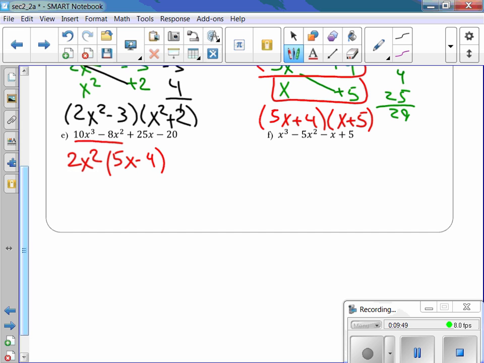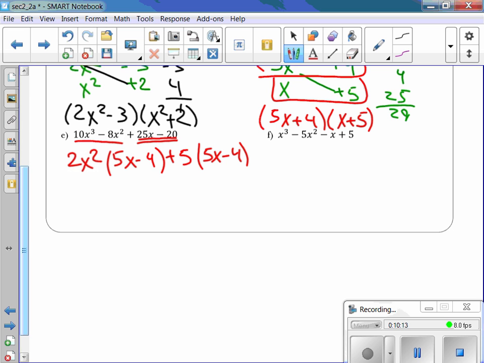And now we just look at the last 2, right? 25x minus 20. Tommy? Is there a GCF there? All right, so plus 5, leaving behind, Allison? 5x minus 4. You know if you did the factor by grouping correctly, if you had those same factors.